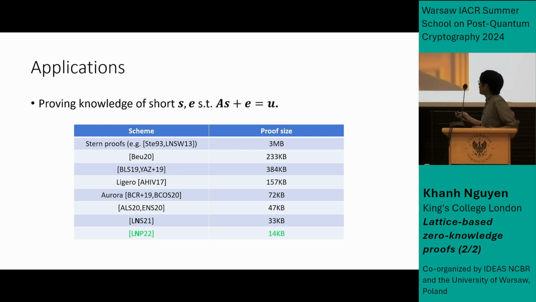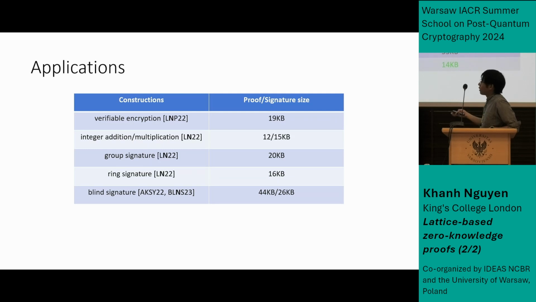So efficiency applications, let's just go through it. This strategy that I presented gives pretty nice sizes for proving statements like LWE, which are around 14 kilobytes, and beat prior lattice approaches, which are based more on NTTs and also some hash-based constructions.